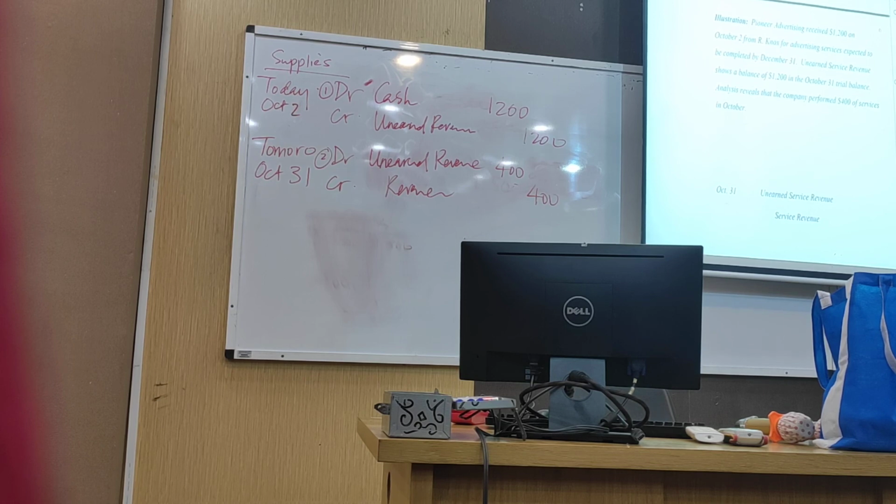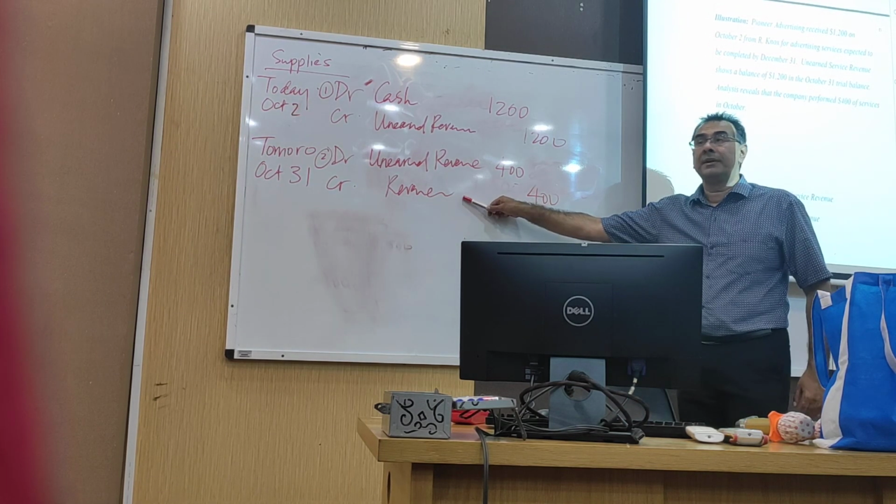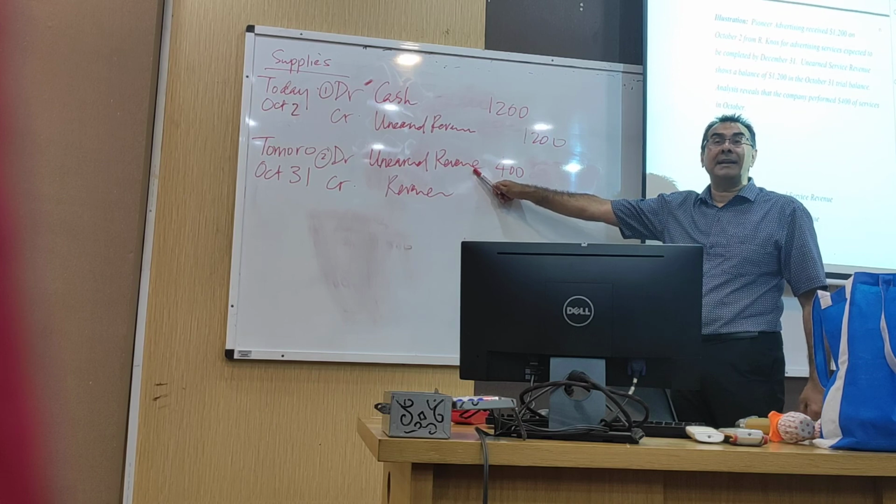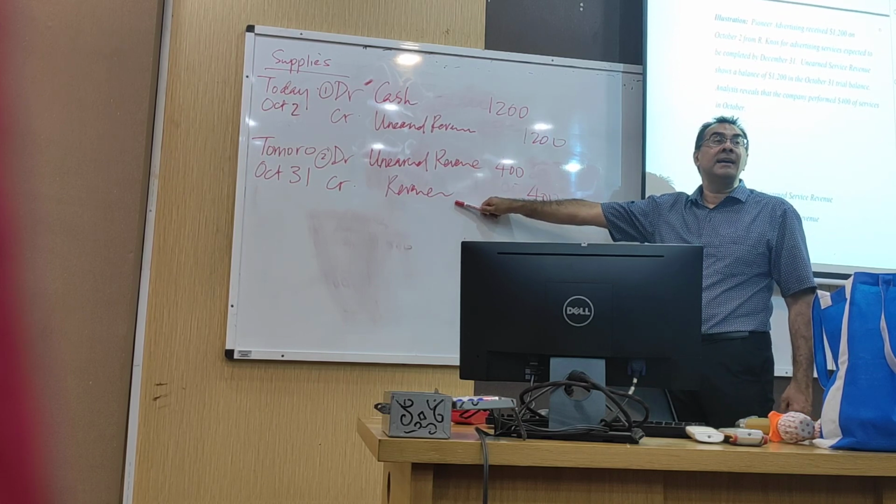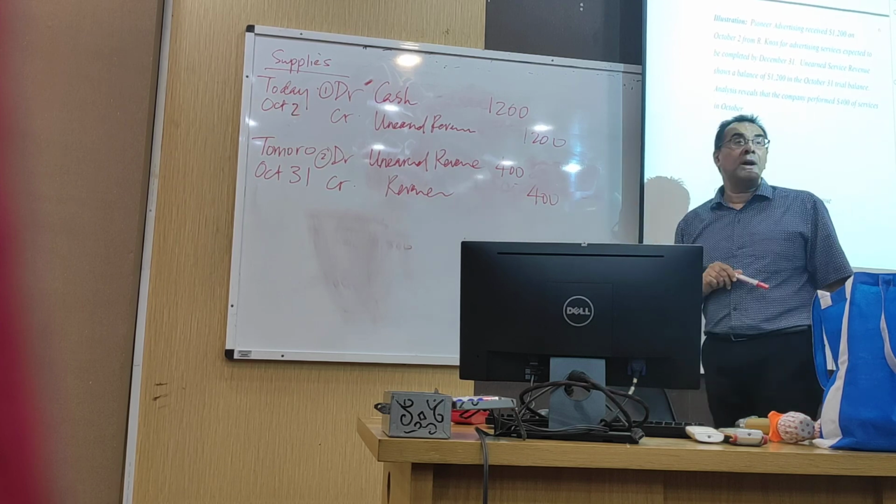That's why unearned revenue is a liability. But now I'm telling you, I have done $400 worth of work. So I can reduce my liability and increase my income. Reduce my liability by debit to unearned revenue and increase my revenue by $400.